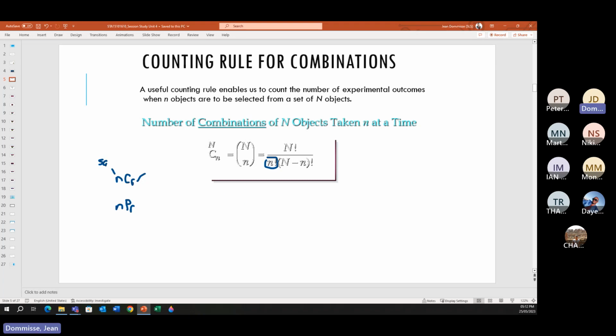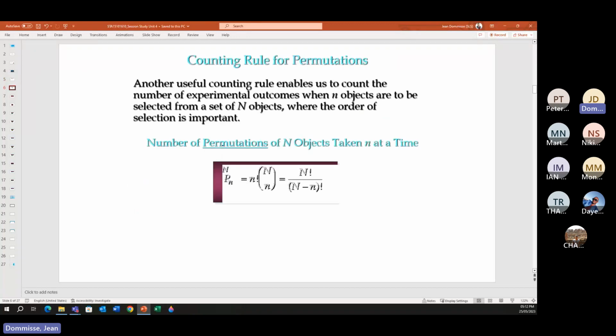By dividing by that number, your combinations will always be less than your permutations.